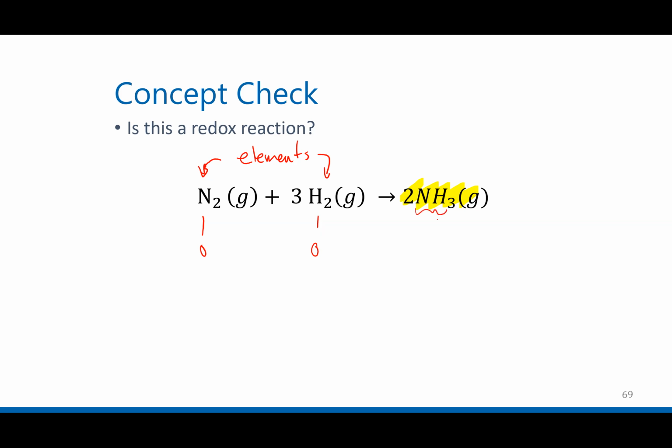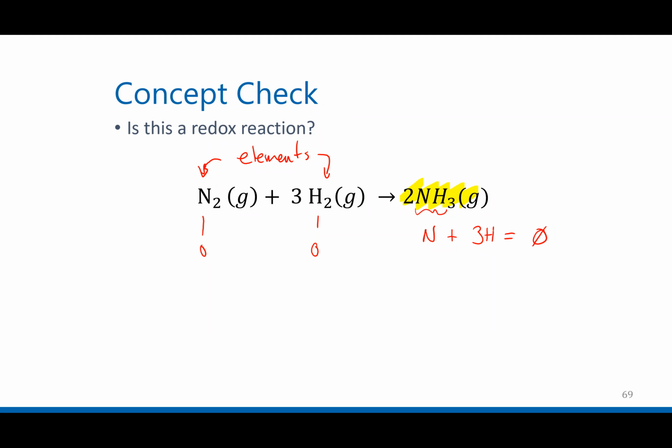I know that 1 nitrogen plus 3 hydrogens would equal 0. This whole compound is neutral, so the charge I find on nitrogen and the charge I find on hydrogen have to add to equal 0.